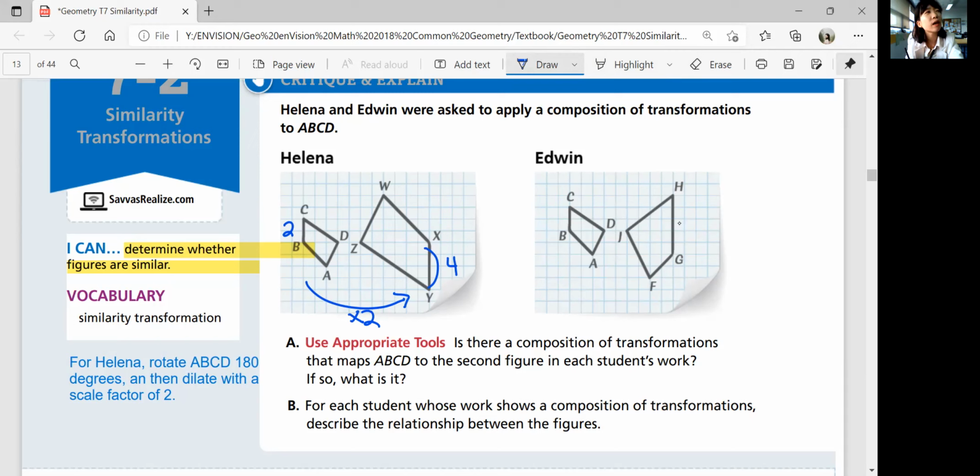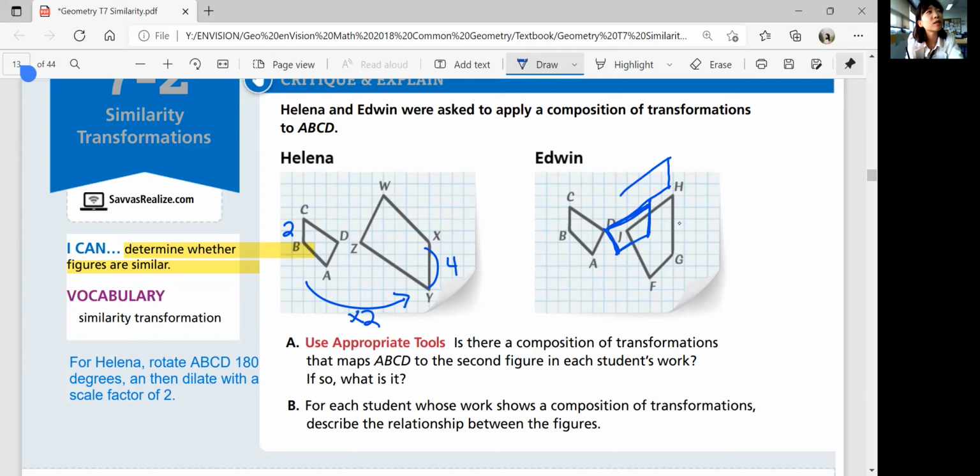Could we reflect and enlarge it? Because then your figure should still have a straight line over here, right? Okay. And then you need to enlarge it.